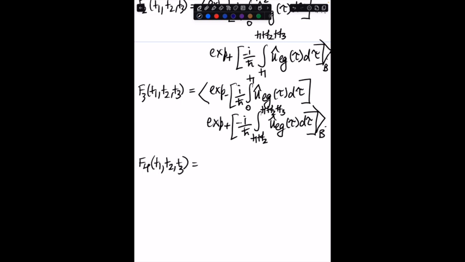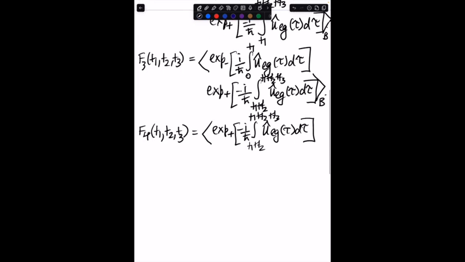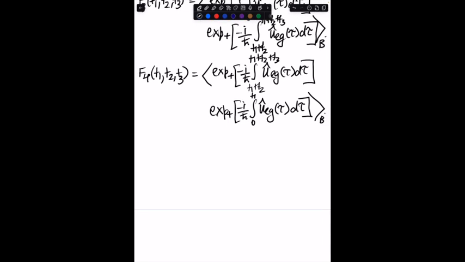So all the interactions of the light field are with the ket side of the density operator, and hence you just have two positive time ordered exponentials, one running from T1 plus T2 to T1 plus T2 plus T3 of the energy gap operator, and the other one running from 0 to T1, so 0 to T1 of U Eg tau d tau, then again a bath ensemble average. So these are your F1 to F4 expressions which we arrived at in the last class.